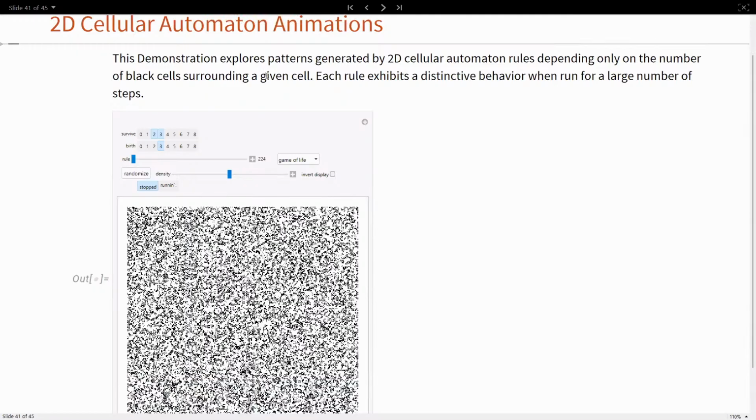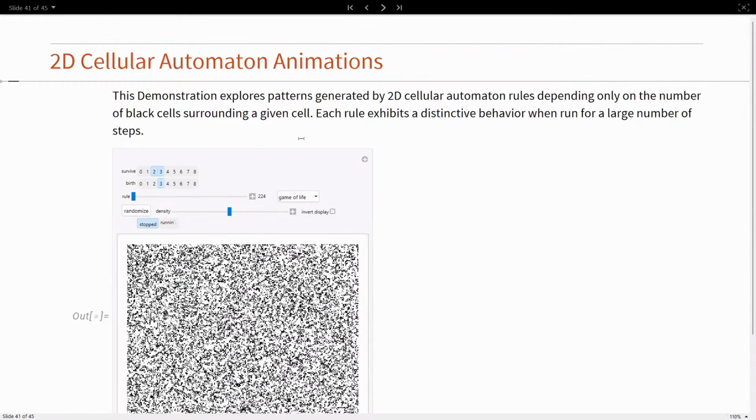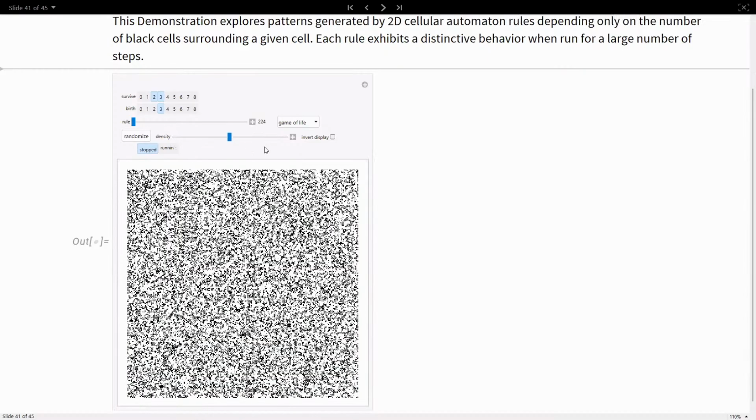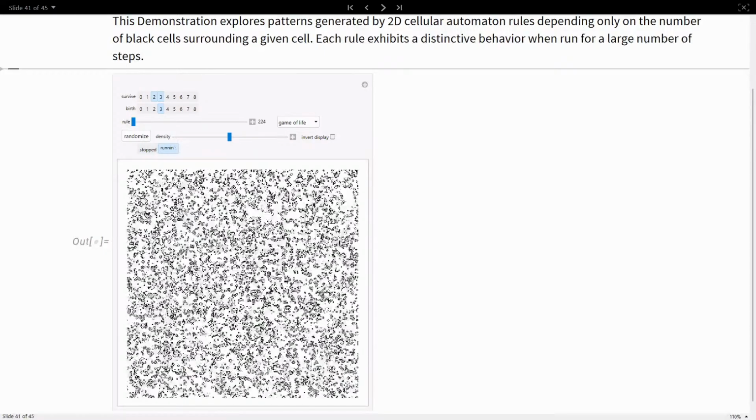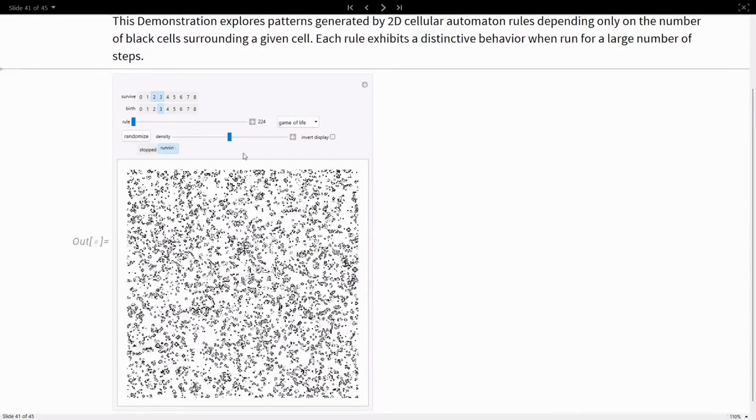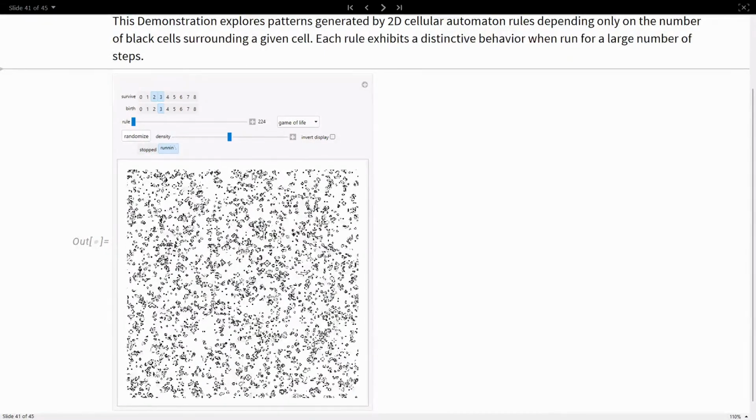We also have various demonstrations that have other variations of cellular automata, other 2D cellular automata. So the Game of Life is survive on 2, 3, birth on 3, and as we run it, we get typical Game of Life behavior.